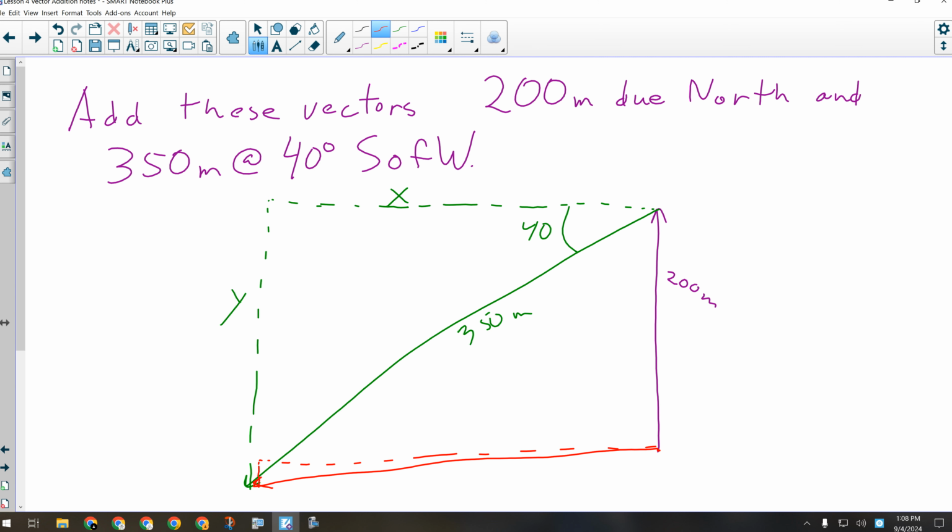Now, why does it look that way? It looks that way because one of the vectors is only north, and the other vector goes south just a tiny bit further than that first vector went north.